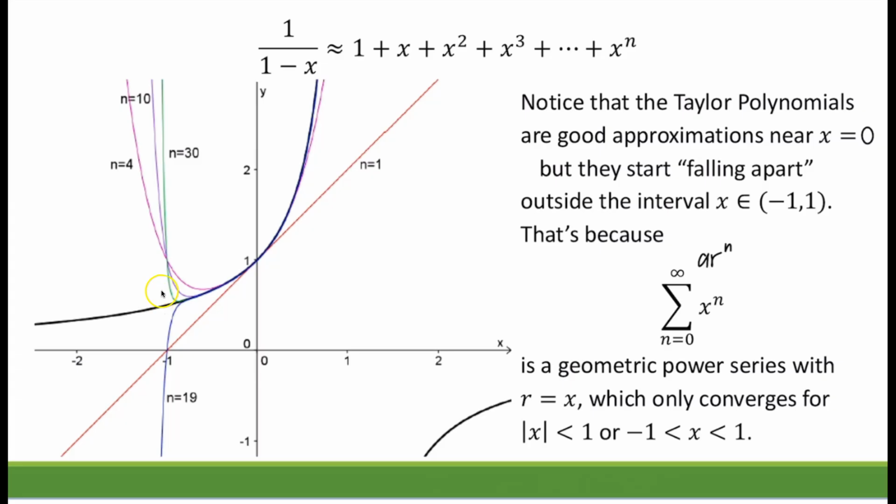And graphically, what that aligns with is that the 1 over 1 minus x function is only equal to this power series representation for that set of x values on which the geometric series converges. So it's kind of like the idea of a domain.